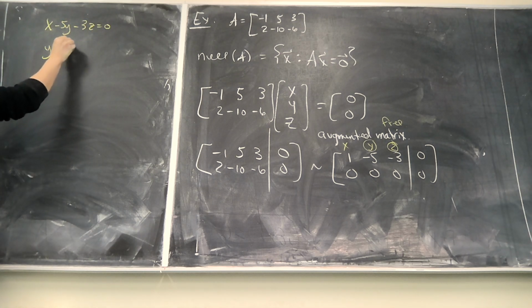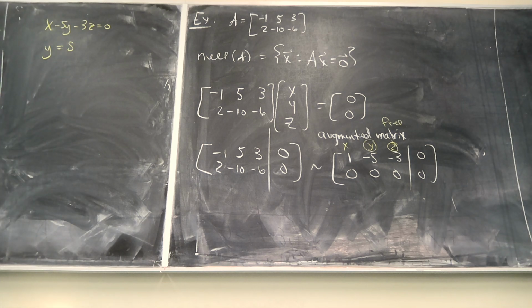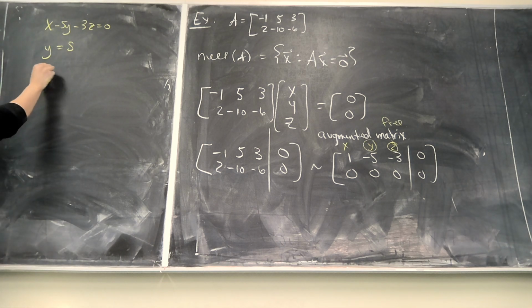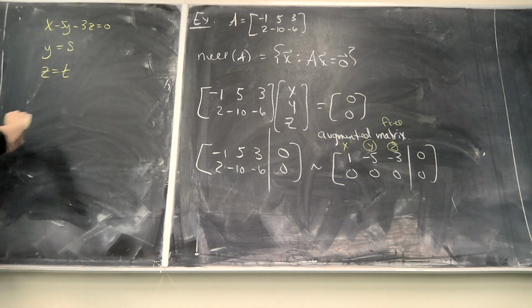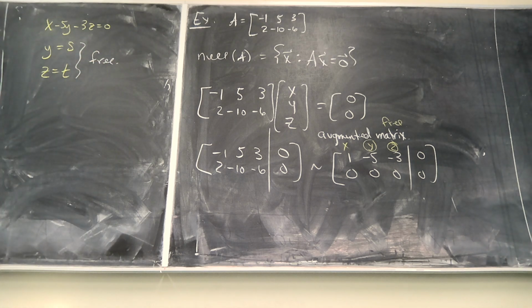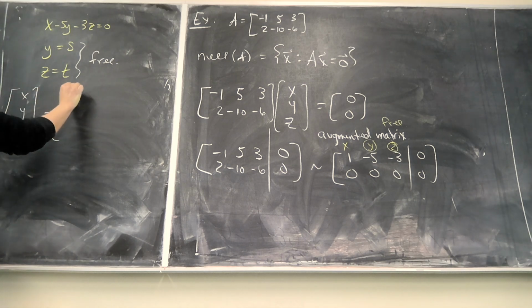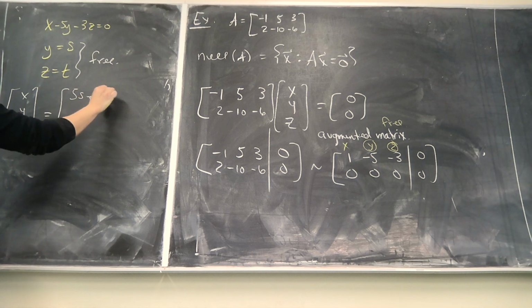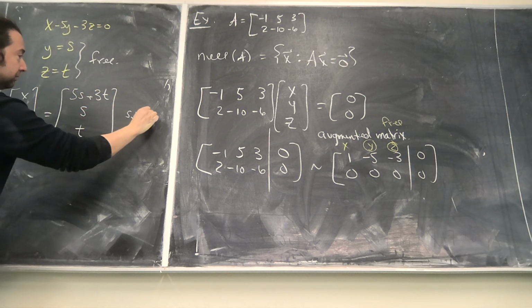Since y is free, I'm going to write it as the parameter s this time, following the book. z is a parameter t because these were free. The solution set x, y, z has the form 5s plus 3t, s, t, where s and t are real.